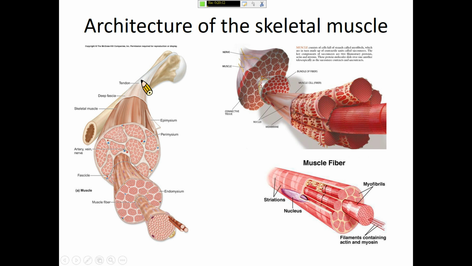You pull it, and the tension, the force, increases. The longer you pull, the larger the tension, until at one instance, it breaks. Right? So it's elastic. So tendon is like that. You can pull it. The more you pull it, the longer it gets, and the larger the force it creates.